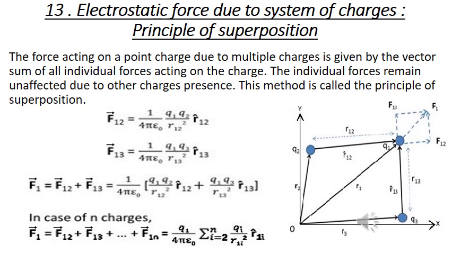Next topic is electrostatic force due to a system of charges, or the principle of superposition. According to this principle, the force acting on any charge due to a number of static charges present around it is the vector sum of all the forces acting on that charge when the effect of forces is taken individually.